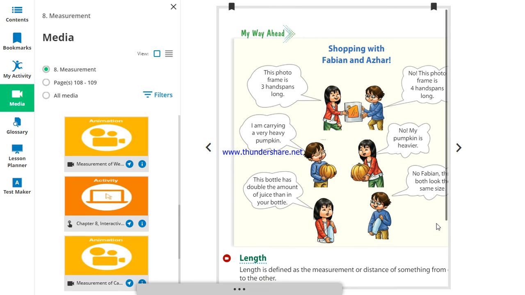Length is defined as the measurement or distance of something from one end to the other. Listen here. What is meant by length?